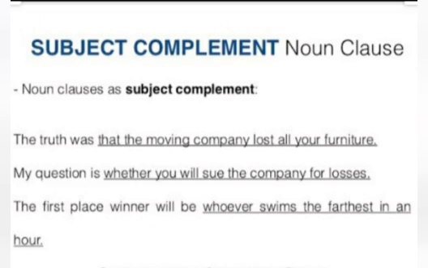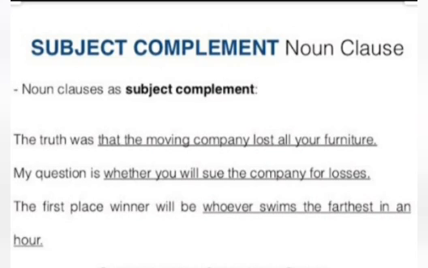Next is subject complement noun clause. Subject complement noun clause, in the sense your noun clause as subject complement. Now first of all, if you remember, what is a complement? A complement is a group of words, or it can be a word even, which adds information about the subject or about the object.